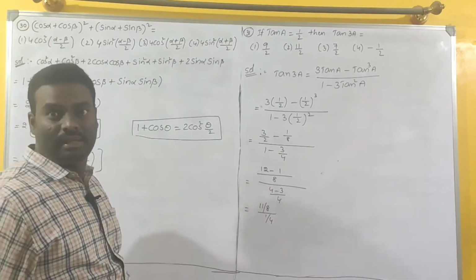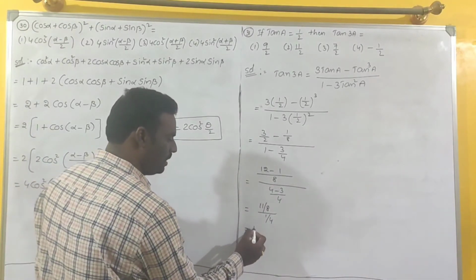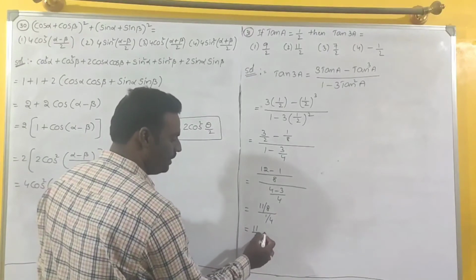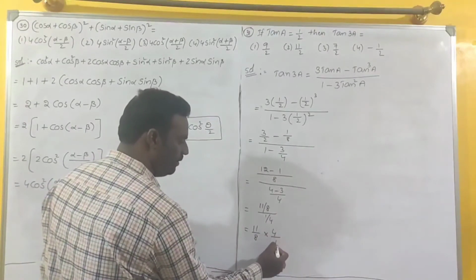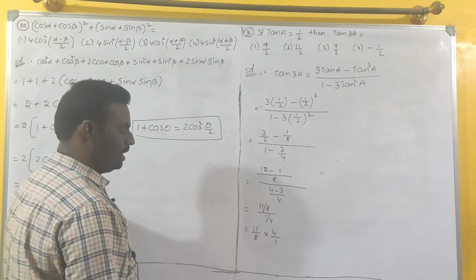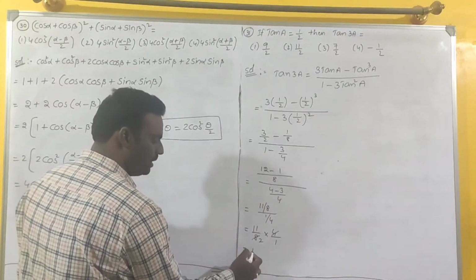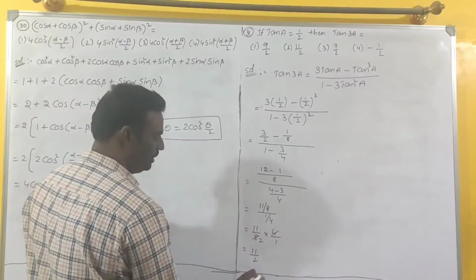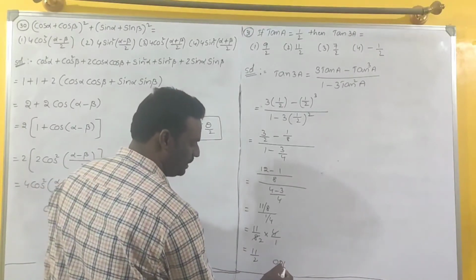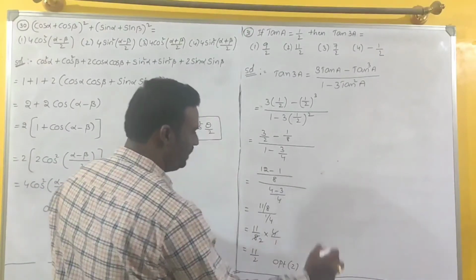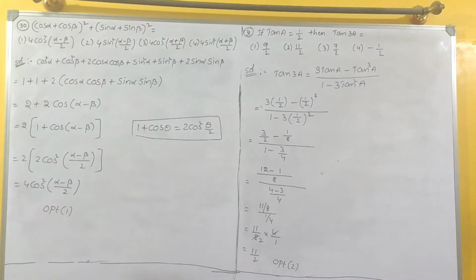This can be written as 11 by 8 into 4 by 1. Now 4 and 8, 4 2s just cancel. Now the answer is 11 by 2, that is nothing but option 2 is the correct answer.